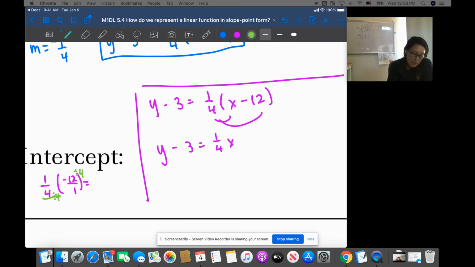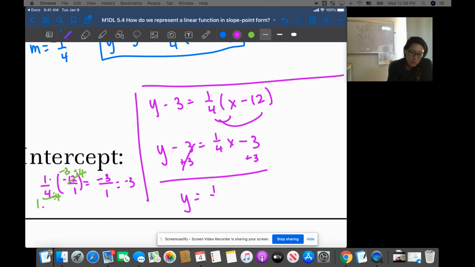So 4 divided by 4 is 1, and -12 divided by 4 is -3. So then I multiply 1 times -3 is -3, and 1 times 1 is 1. So that is -3. So I'm going to subtract 3. Now we add 3 to both sides.